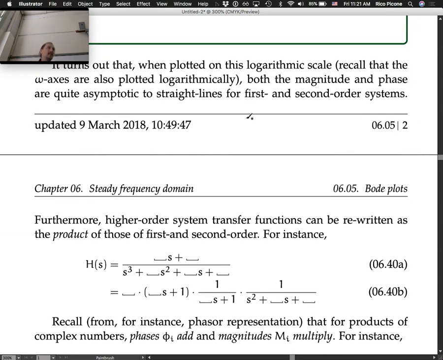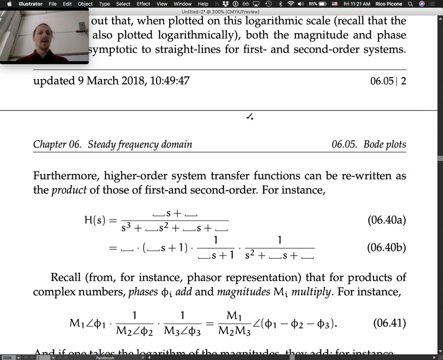Furthermore, that first fact was interesting. Oh, okay, for first and second order, but it doesn't apply above that. However, higher order system transfer functions can be rewritten as the product of those of first and second order. For instance, what order is this transfer function? Third order, right?